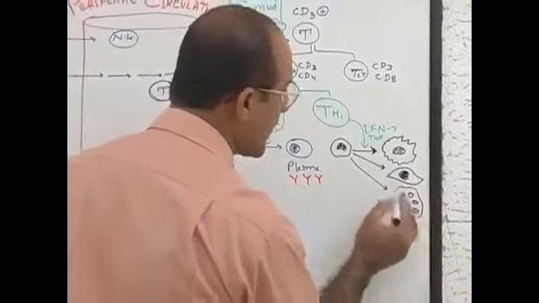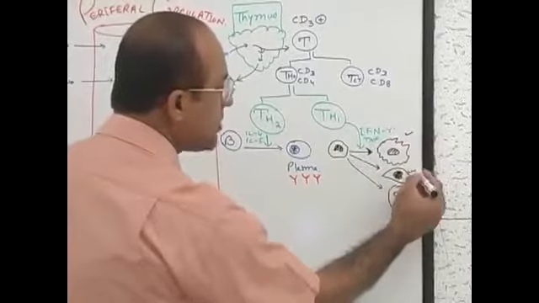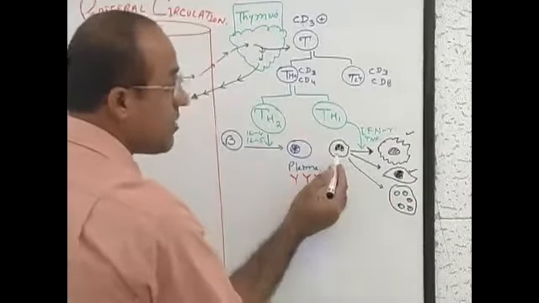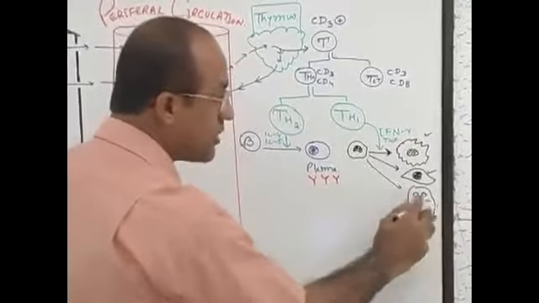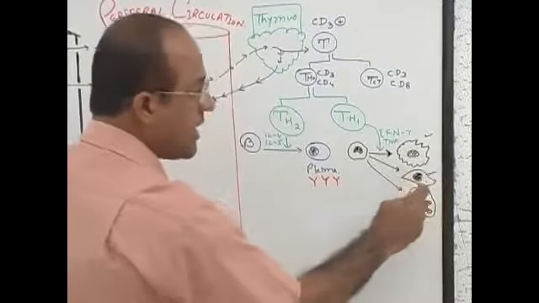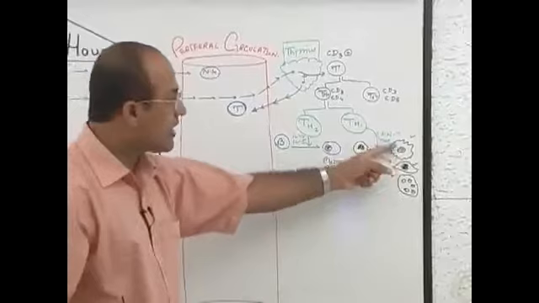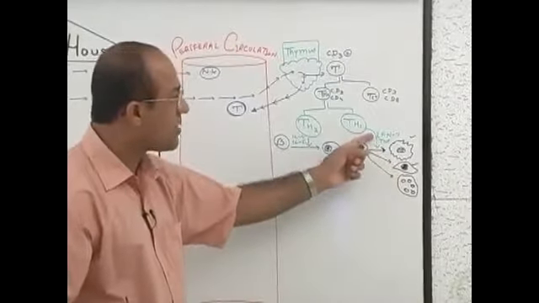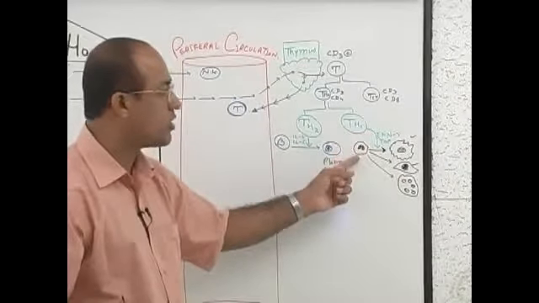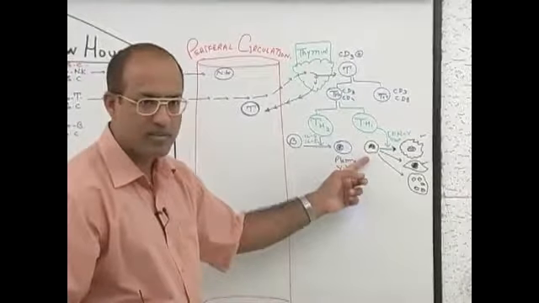And you must be knowing that activated macrophages and epithelioid cells, which are modified macrophages, or giant cells which are produced by the fusion of epithelioid cells, all these cells are produced by the action of gamma interferon and tumor necrotic factor on the macrophages.